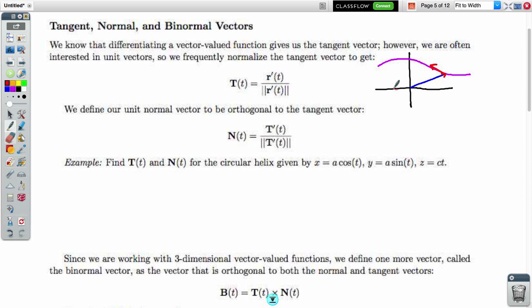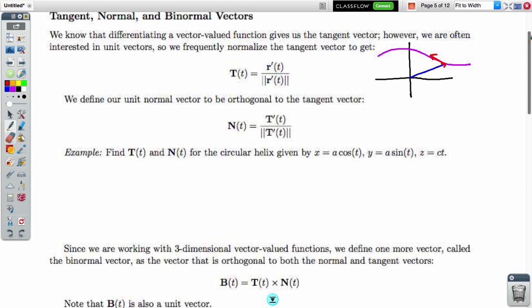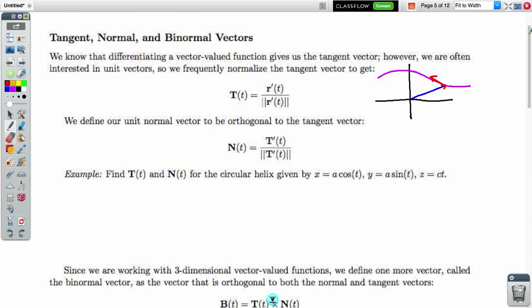One of the things that we really appreciate in multivariable calculus is orthogonal vectors. So this entire section is about 3 specific orthogonal vectors, and we even go one step further to make them a little bit more convenient, which is to normalize them and make them all unit vectors.